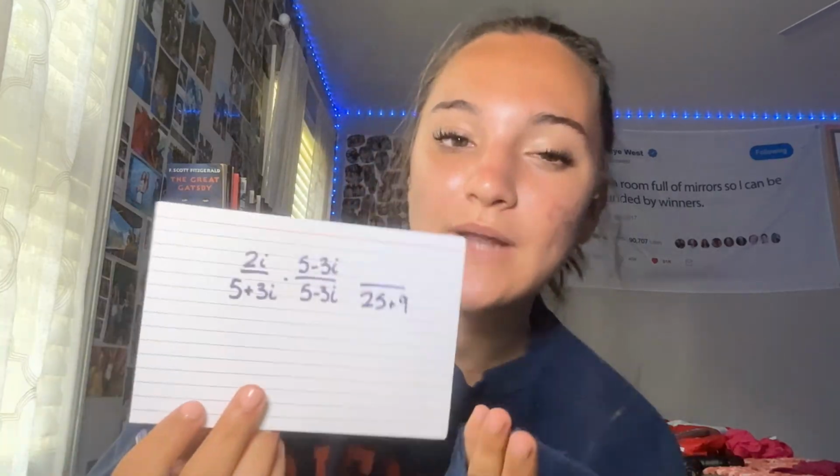Oh, so the purpose of changing the sign of the imaginary number is that the denominator will be positive, so you don't have to worry about having a negative denominator. It's just more work later on. I think you could multiply it by just 5 plus 3i, but you would have a negative number in the denominator, and you want to get rid of that later.